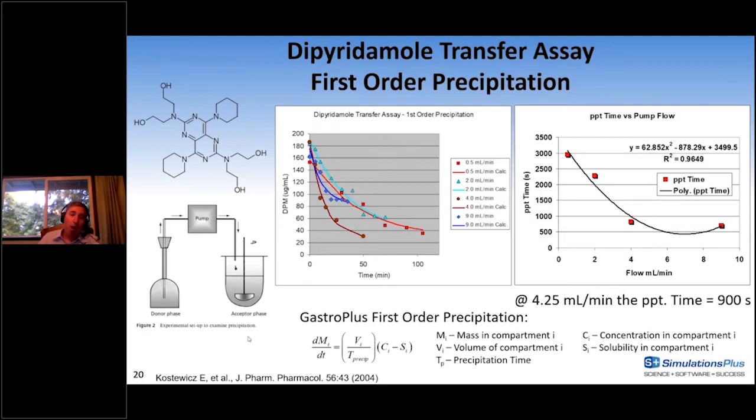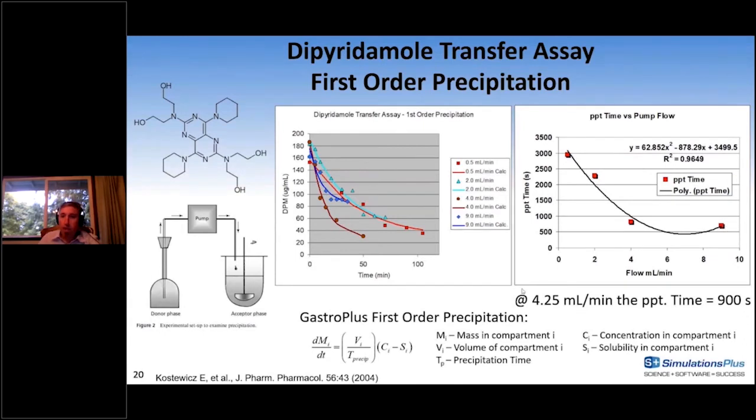When you pump all the drug in extremely rapidly, at maybe 9 mL per minute in this experiment, then the supersaturation gets very high very quickly and the precipitation is much faster. So you see a lower precipitation time of somewhere around 600-700 seconds there.